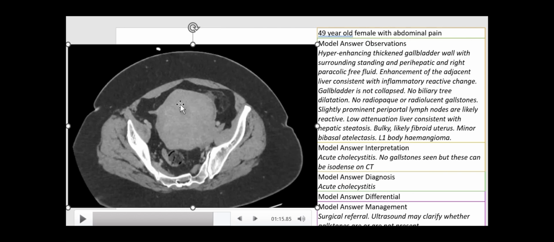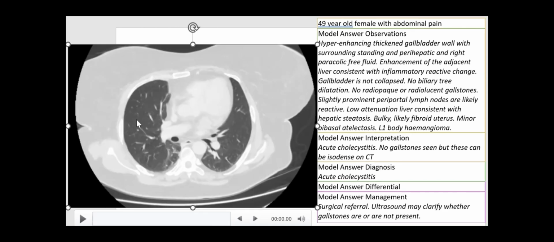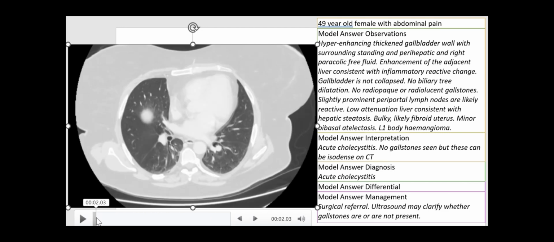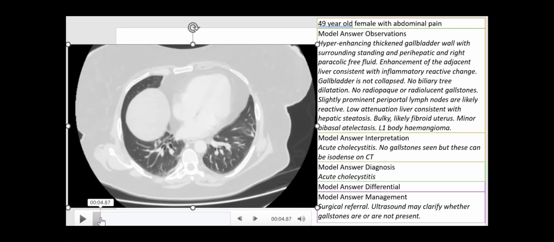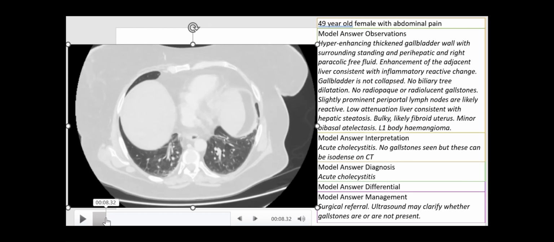Bulky uterus, most likely fibroid uterus, okay? Also, this patient's chest shows minor bibasal reticular changes. Minor bibasal reticular changes. Okay?